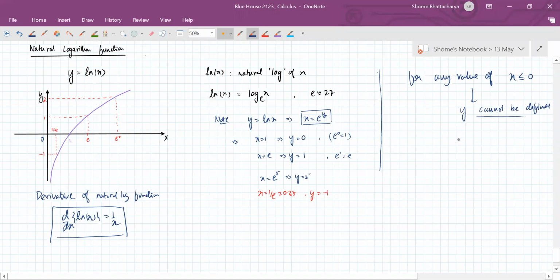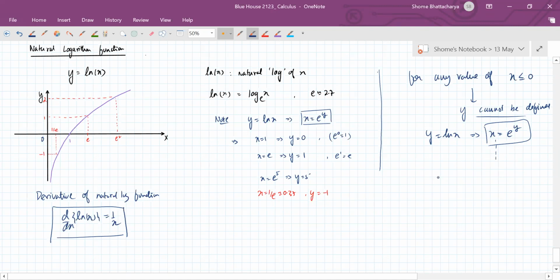Because y is equal to ln x, this implies that x is equal to e raised to y. From this expression, you can see that you cannot define y for a non-positive value of x.